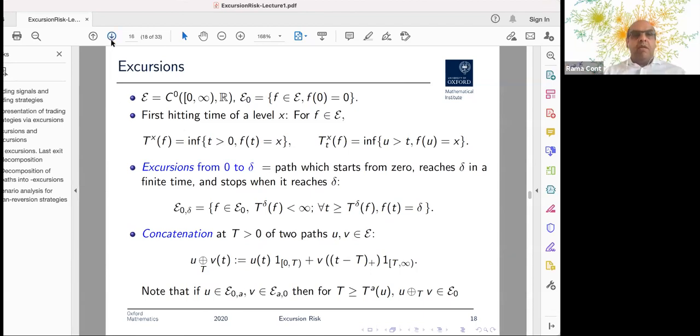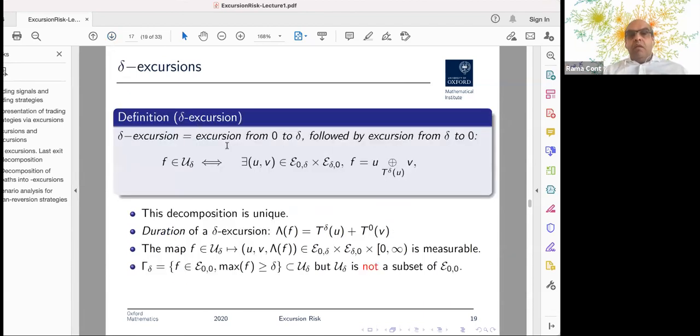So what does that mean? Well, it's exactly what we want. I will call a delta excursion a path which is composed of two parts: an excursion from 0 to delta, followed by an excursion from delta to 0. We call the set of these delta excursions U delta. And what does that mean?